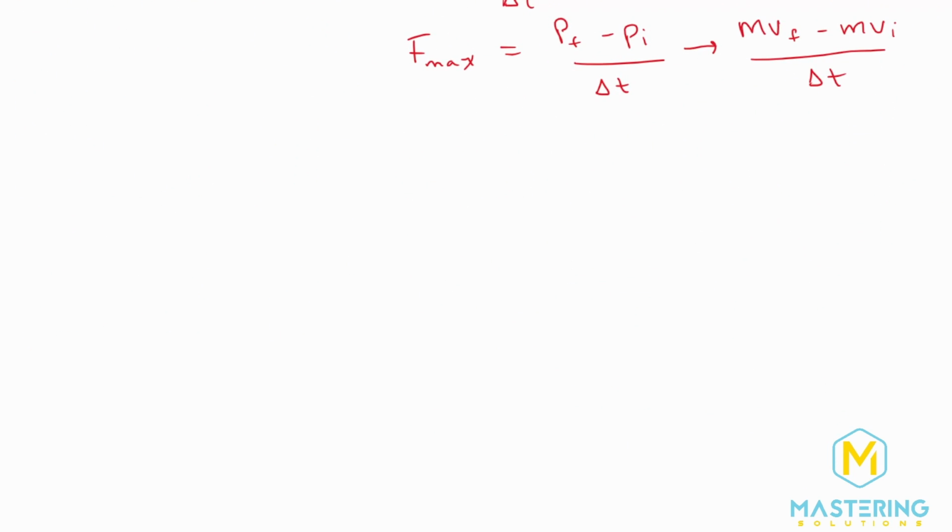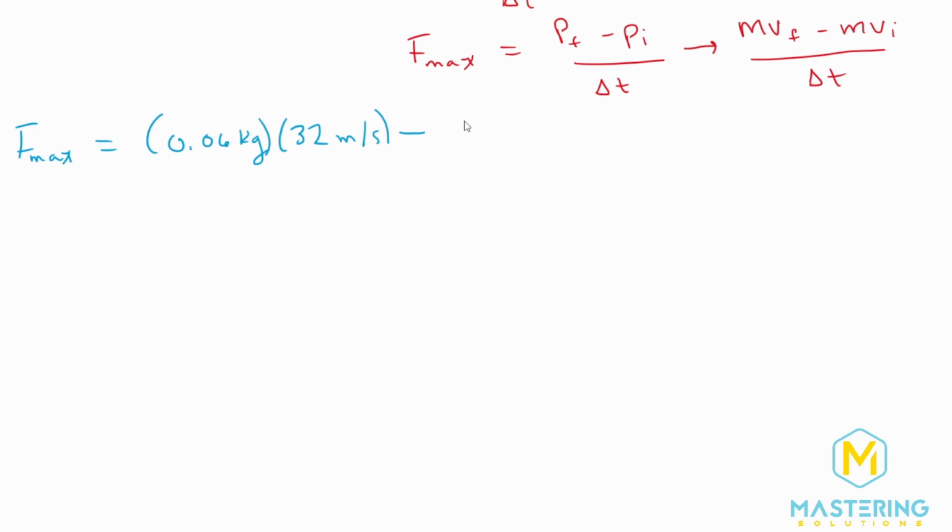So we're almost there. Fmax, now we can just plug everything in, is the mass, 0.06 kilograms, times the final velocity, a positive 32 meters per second.